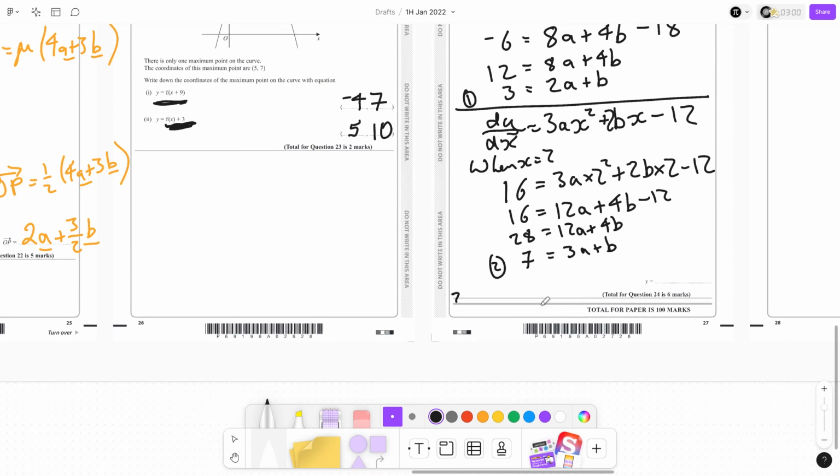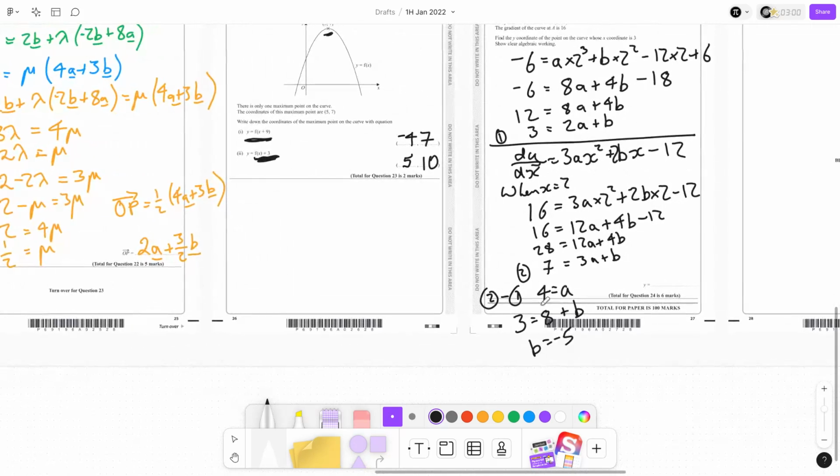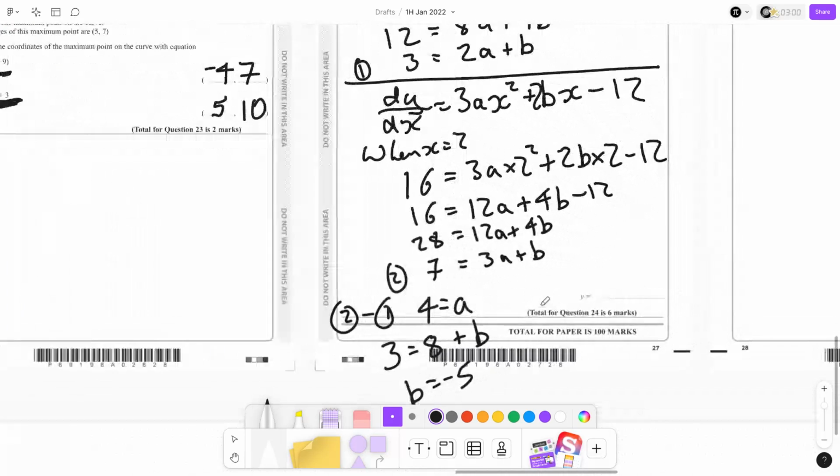We can do equation 2, take away equation 1. So I get 4 equals a, and the b's go. And then I put that back into there, and I get 3 equals 8 plus b. B equals minus 5. And then it says find the y-coordinate of the point on the curve where the x-coordinate is 3.